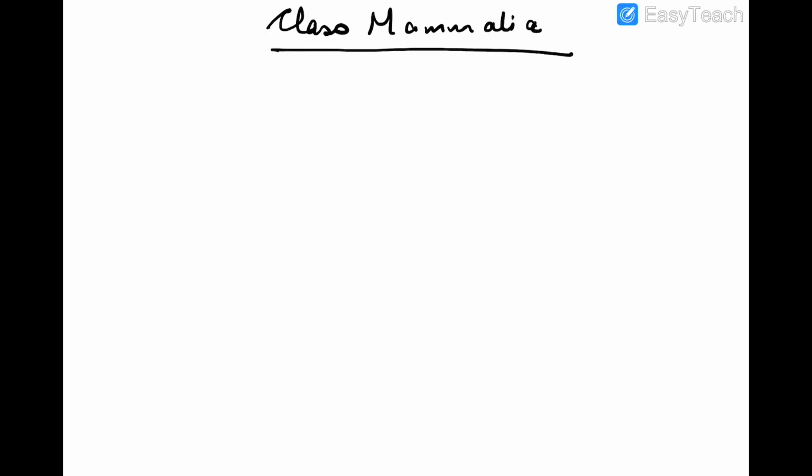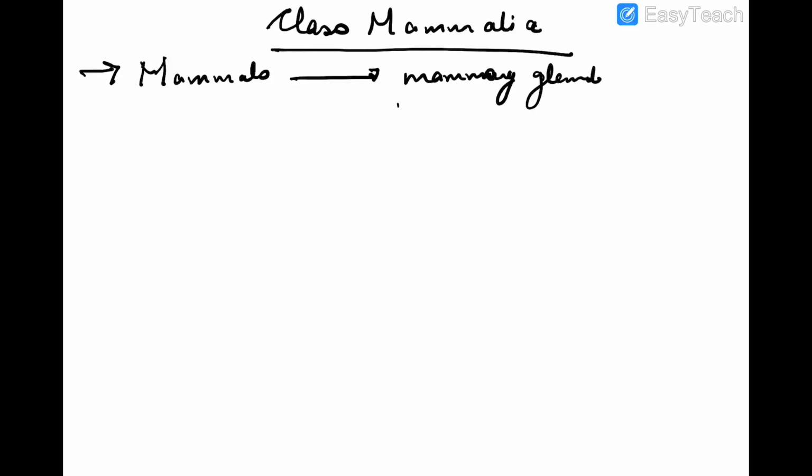Now let us talk about class mammals. Class Mammalia. So Mammalia includes mammals, and they are known as mammals because they have presence of mammary glands, which are milk producing glands.